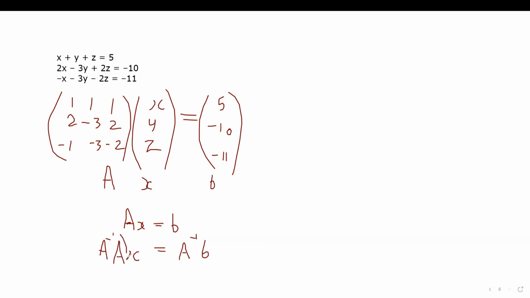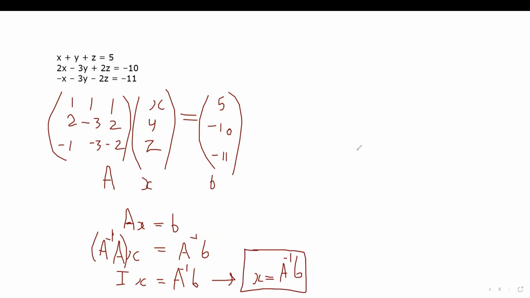But A inverse times A is the identity I. So this is now I times X equal to A inverse B. But remember that I times X just gives you X. So that implies that X is equal to A inverse times B. Nice and easy. That's that part right there.